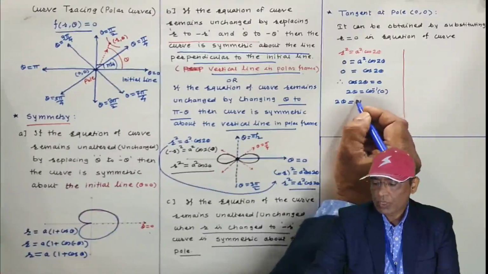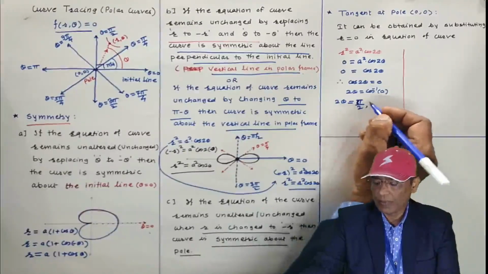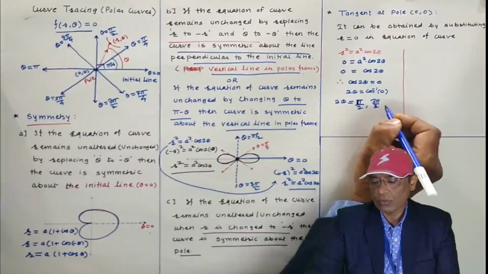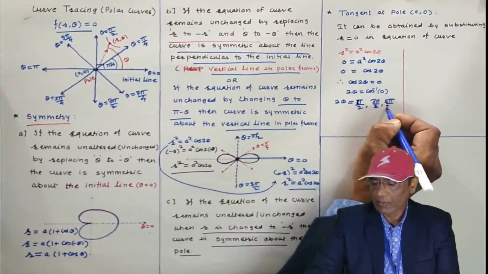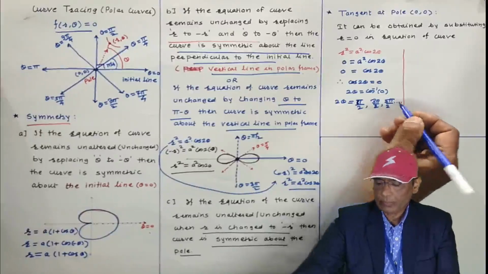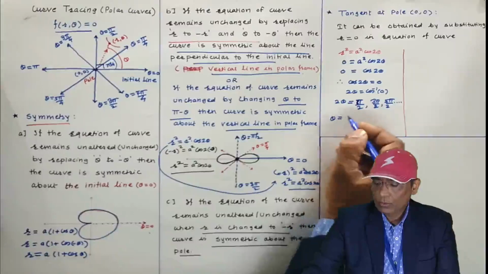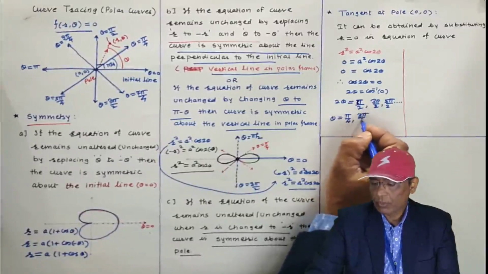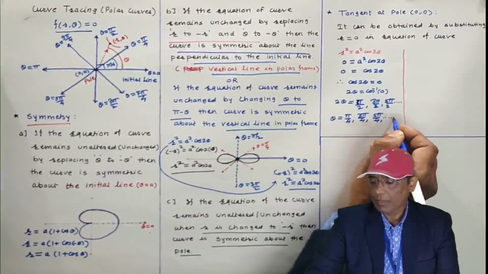So cos inverse 0 is pi by 2, meaning cos pi by 2 is 0. Okay, you are aware of it. Cos 3 pi by 2 is 0, then cos 5 pi by 2 is 0, cos 7 pi by 2 is 0 and so on. Now these are the values of 2 theta. Divided by 2, I get the values of theta: pi by 4, 3 pi by 4, 5 pi by 4, 7 pi by 4, 9 pi by 4.